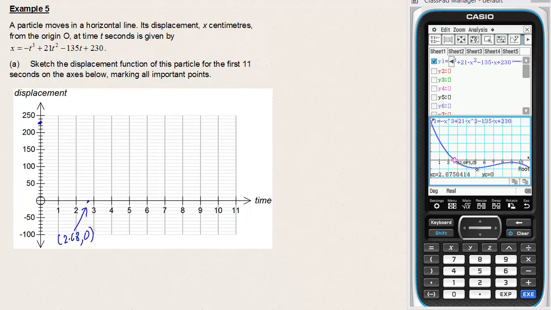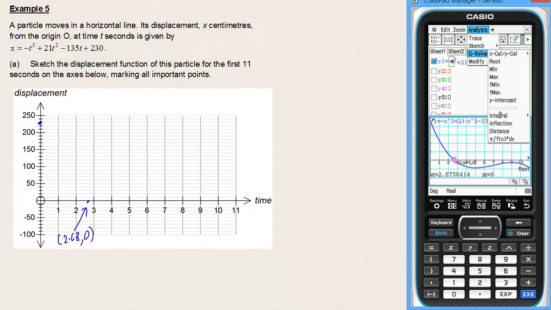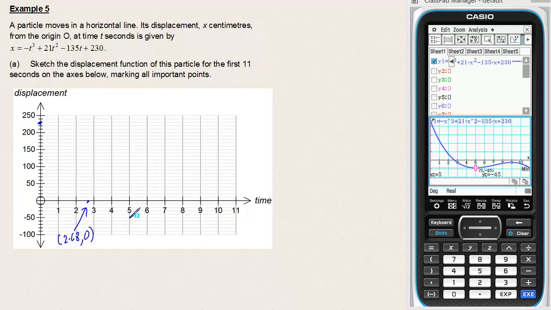Then we've got a minimum point just here. So this is G-Solve, find minimum. And here it is. It's at (5, -45). So 5, -50 is this line, so it's just a bit above there.